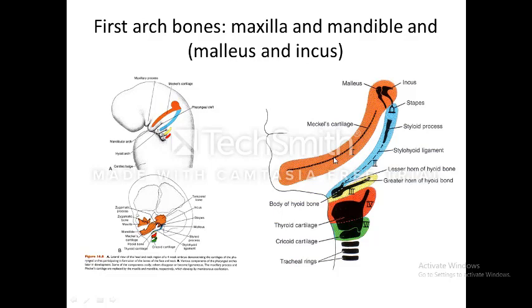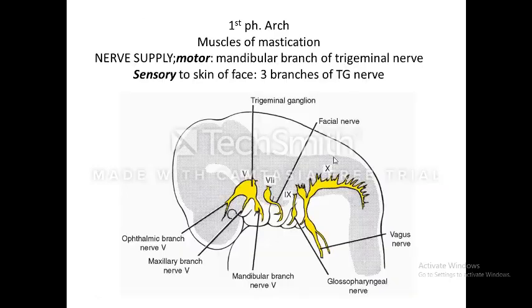أوكي. first pharyngeal arches، what is the muscle of the first pharyngeal arches?